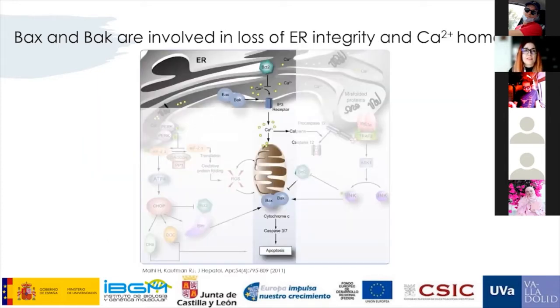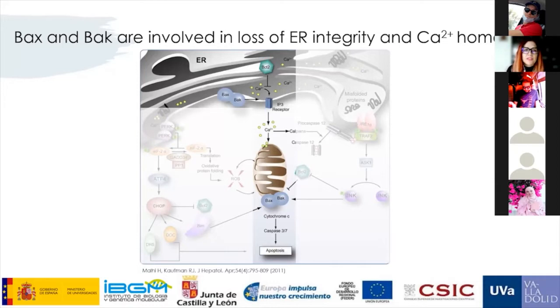However, it's known that Bax and Bak are also present in the ER, and they are involved in the loss of ER integrity and calcium homeostasis, but it's not really clear how this is done.